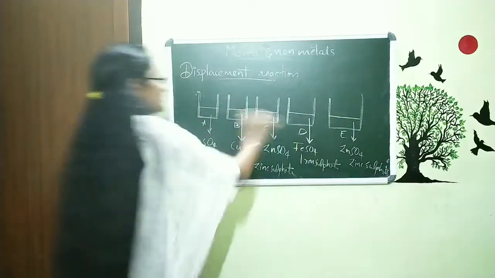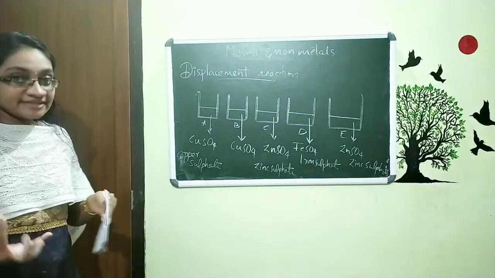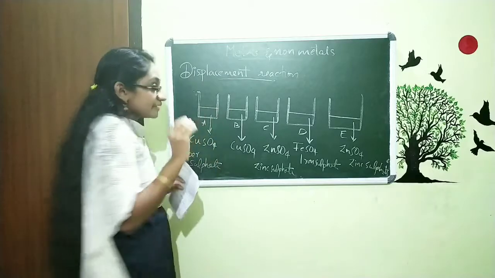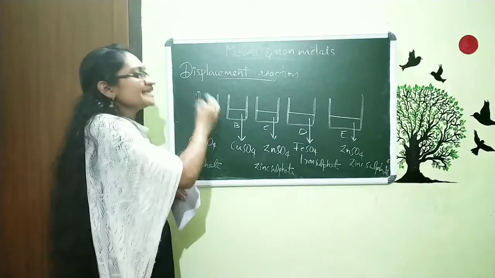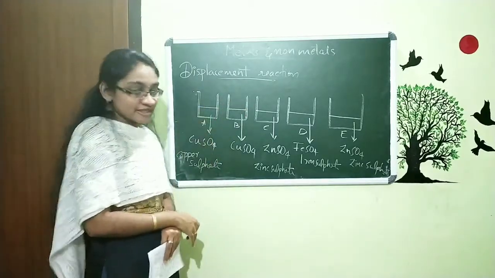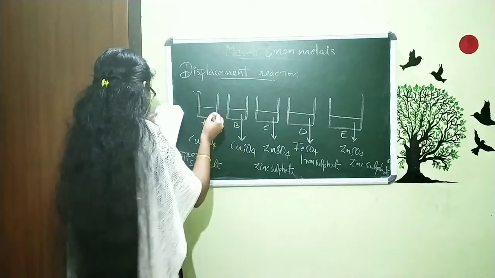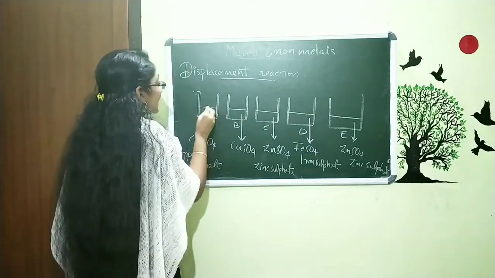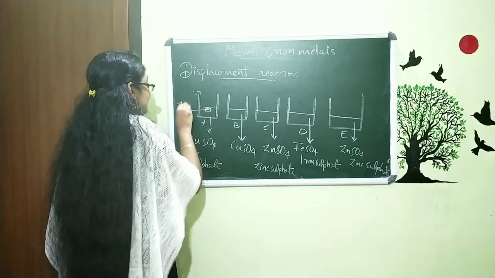So within these 5 beakers, I am collecting different solutions. And after that, I am going to put certain metals in these beakers. Just look at which metals I am giving. In the first, I am putting zinc granules.